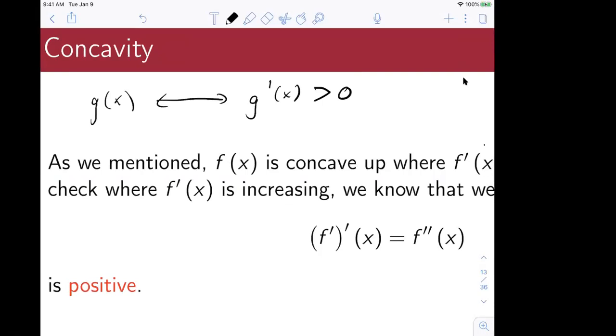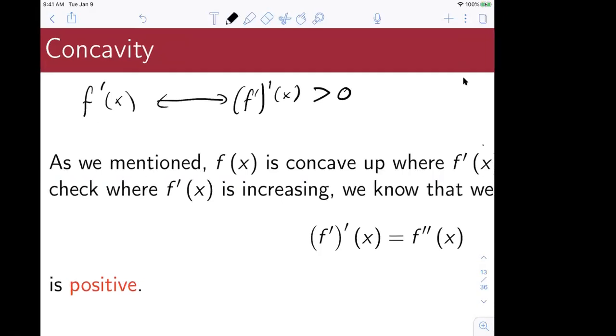But remember that f prime of x is just a function of x. So if I want to check where f prime of x is increasing, that's the same as checking where f double prime of x is greater than 0, right?